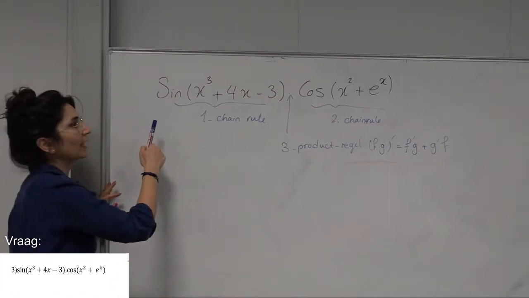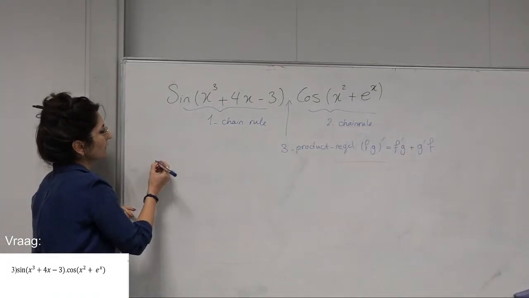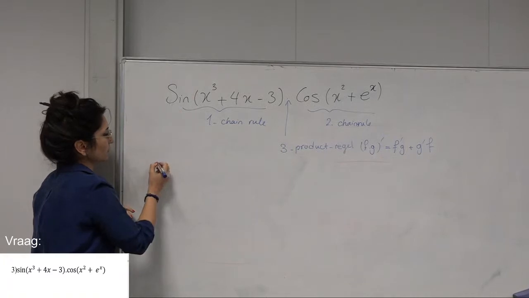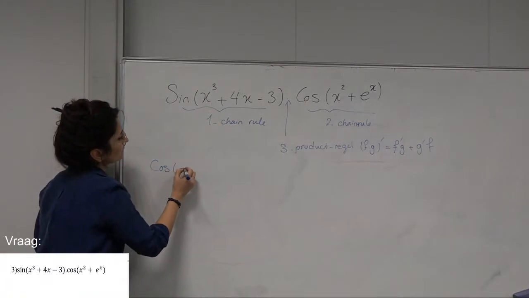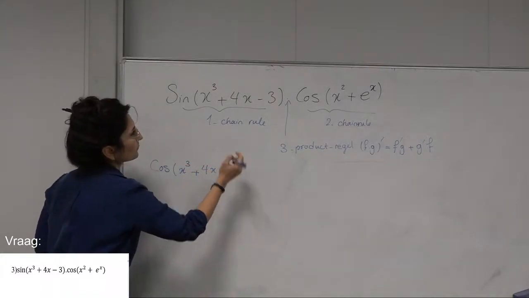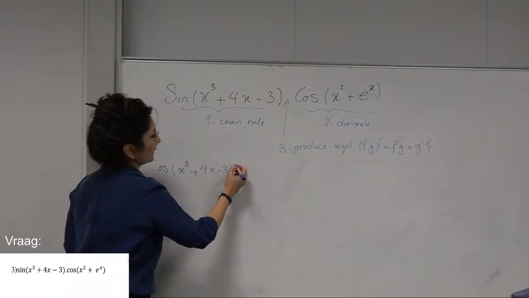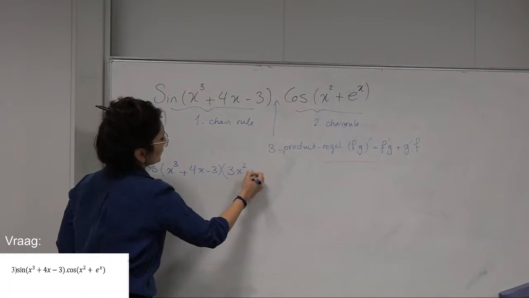If you remember, it's easier if you do the derivative of sine or cosine. For sine it is cosine of the original function inside the parentheses without changing it, 4x minus 3, multiplied by the derivative of the function that is inside, which in our case is 3x squared plus 4.